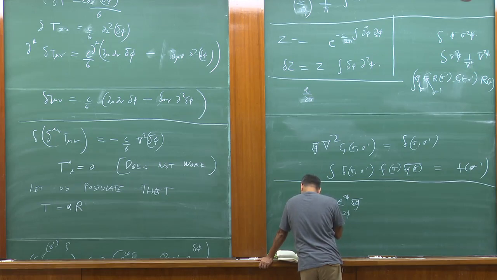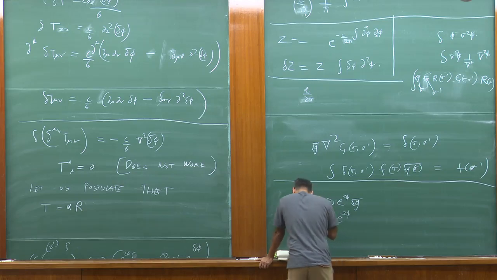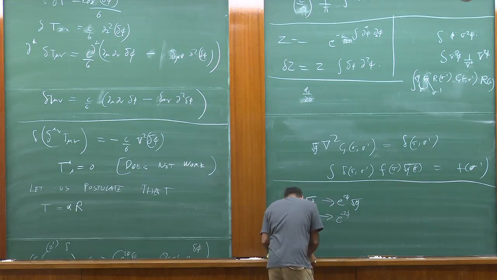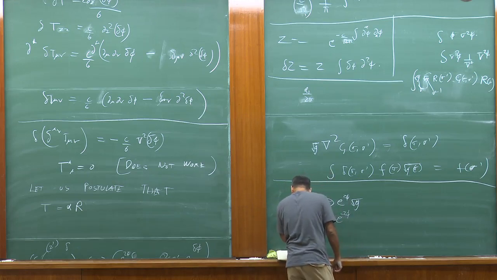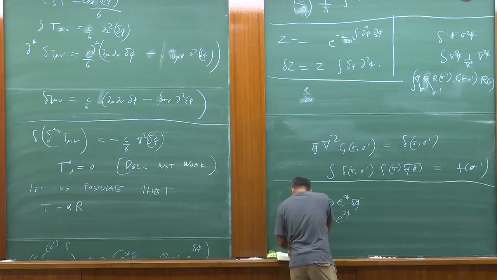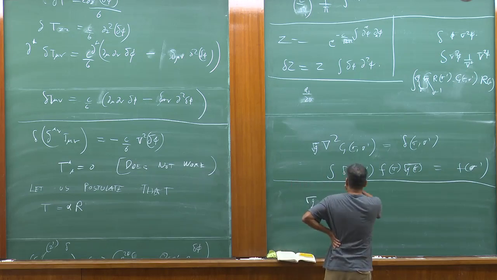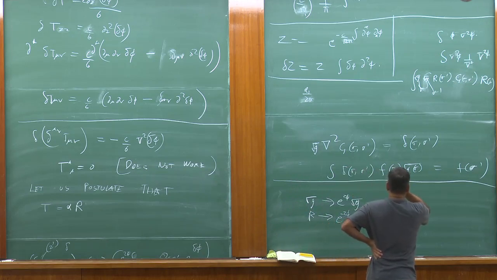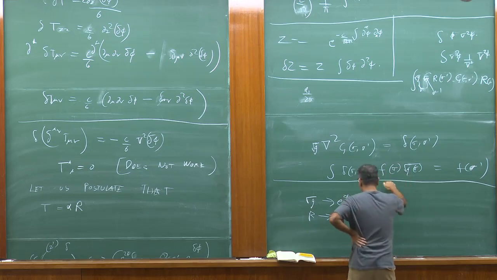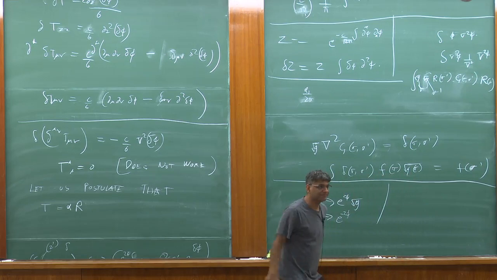Now, what about G? Our answer had just omegas. So, what is the transformation property of G? Well, let's see. Inverse, and if G was just not transforming, that would be okay, right?